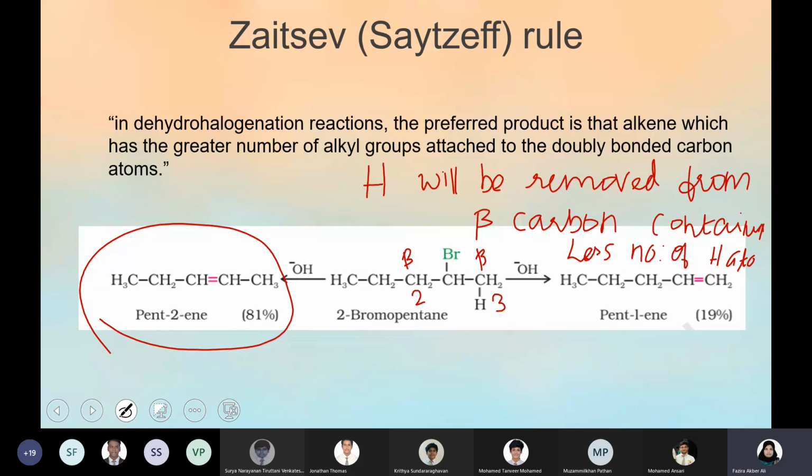Am I clear? Yes, ma'am. Yes, ma'am. Okay. Yes, ma'am. So please make a note of Zaitsev rule with this example.